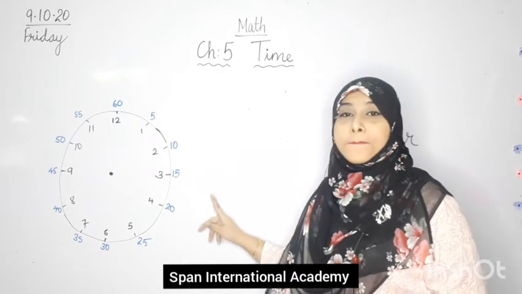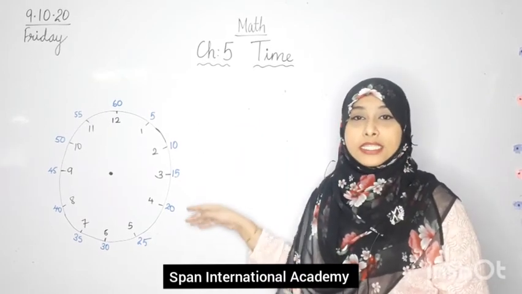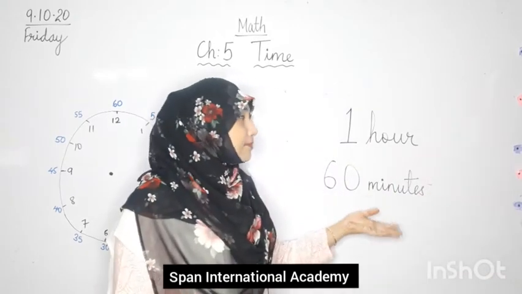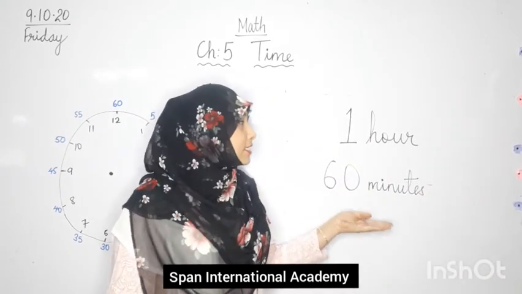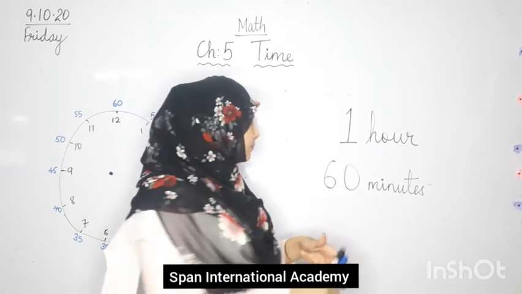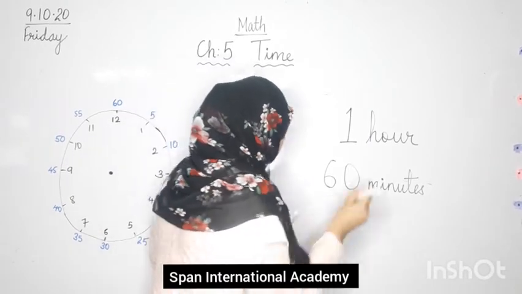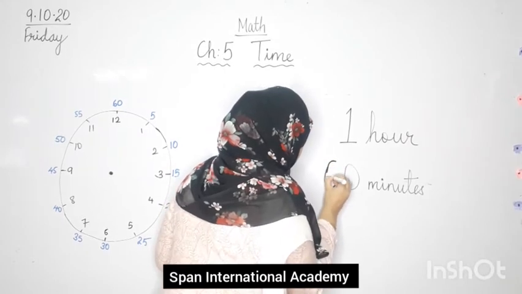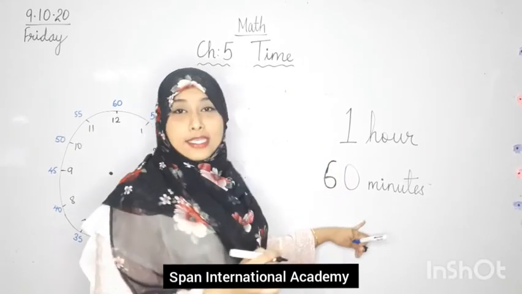These are minutes. 1 hour has 60 minutes. How many minutes does 1 hour have? 60. It has 60 minutes.